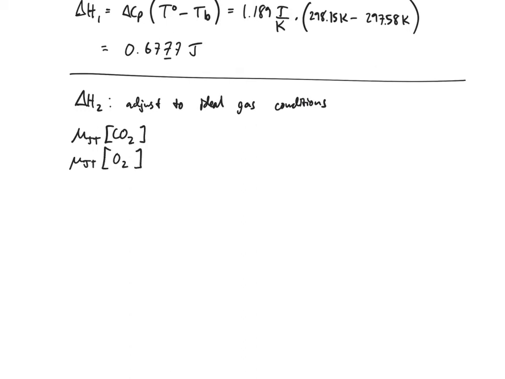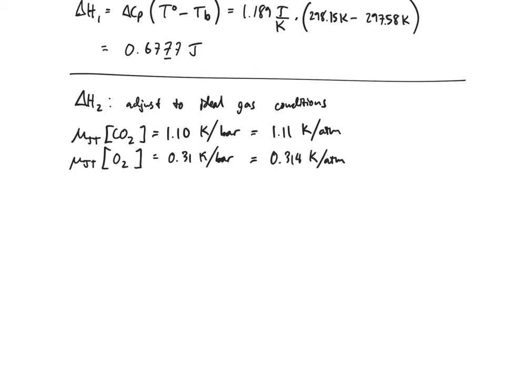You can find both of these in the lab protocol. This one equals 1.10 Kelvin per bar, and this one equals 0.31 Kelvin per bar. Now I'm going to convert bars to atmospheres, and I'm going to get very similar numbers: 1.11 Kelvin per atmosphere and 0.314 Kelvin per atmosphere for O2.